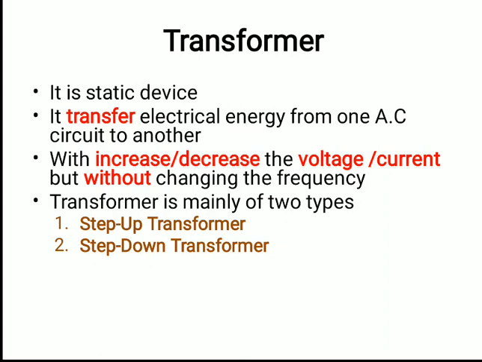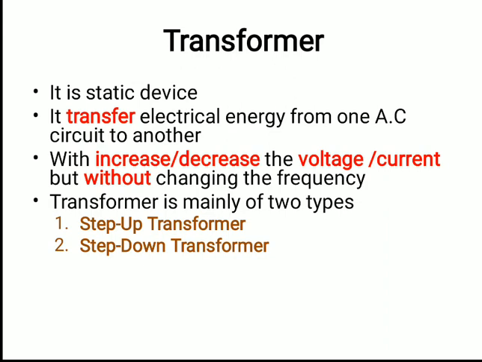Second, it transfers electrical energy from one AC circuit to another AC circuit. And the third is increase or decrease: it can increase the voltage or current, or decrease the voltage or current, but the important thing is, without changing the frequency. So this is the definition of a transformer.